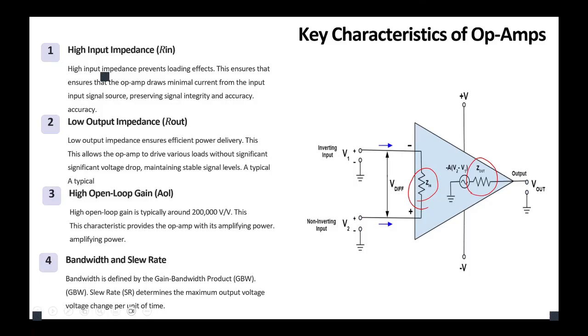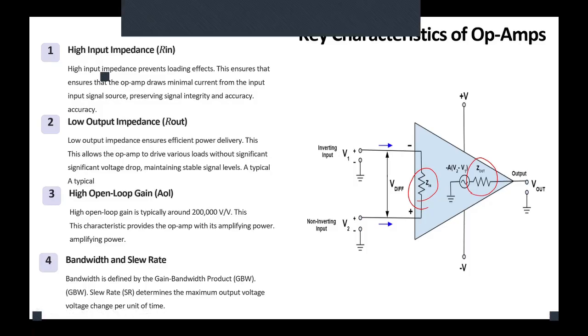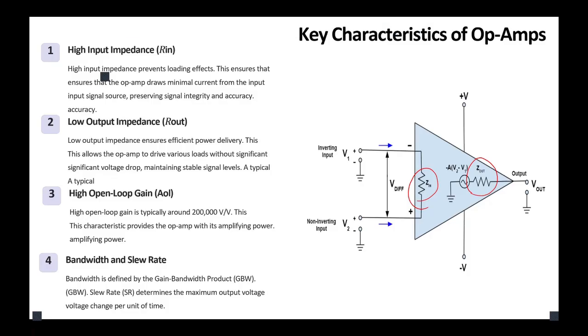Another characteristic is a high open loop gain. Please pay attention: high open loop gain. The open loop is the emphasis. It is represented by the ratio between the output and input.